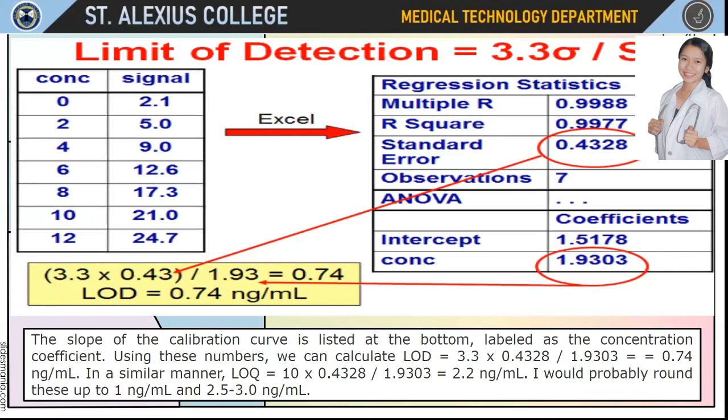Remember, however, no matter which technique you choose, the ICH requires that as part of the validation process, you should analyze a suitable number of samples prepared at or near the LOD and LOQ to demonstrate that the proposed method limits are appropriate.